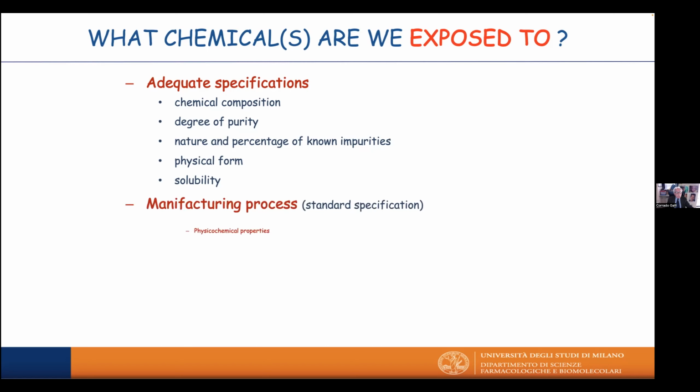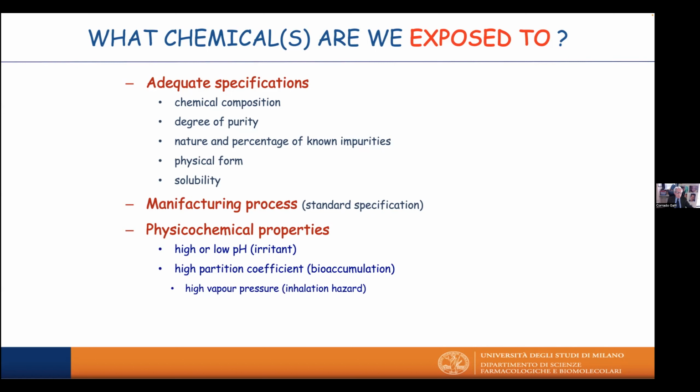Then the manufacturing process and also the physicochemical properties, because on the basis of pH, your chemical can be irritant or not, or if the partition coefficient is high, then you can anticipate some bioaccumulation, or if your chemical tends to enter the environment very easily, having a high vapor pressure, then it can be a problem for your lungs.